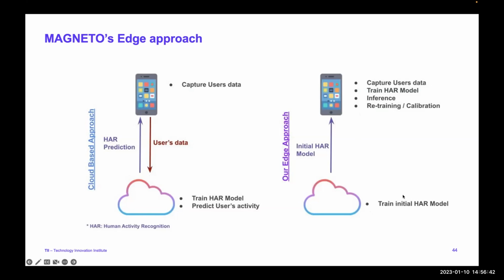We are keeping one small task that needs to run on the cloud for one specific reason, the cold start. We are having difficulties starting the models directly on the edge. So we are doing a small task of initializing a generic model on the cloud, and then sending it to the device, and the rest should be done on the device.